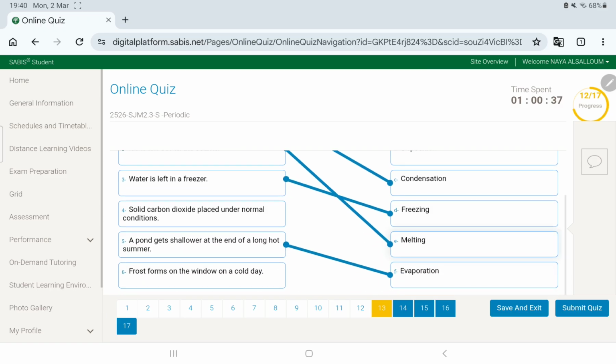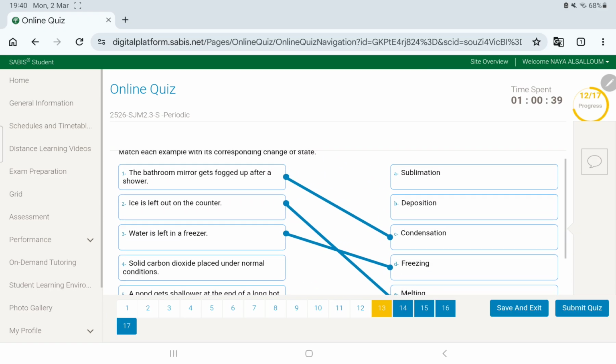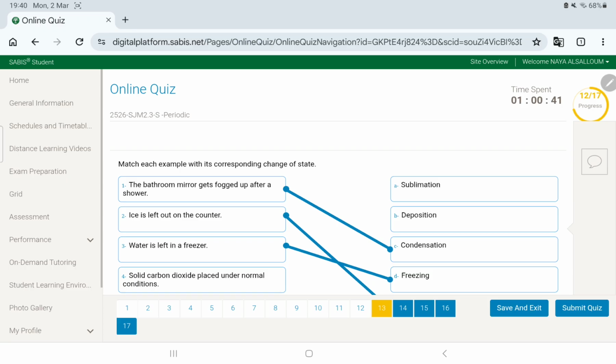Now guys, here the other two are a bit harder, but let's do this one. Solid carbon dioxide placed under normal conditions. Now guys, what is carbon dioxide? Carbon dioxide, I'm just gonna write CO2 actually here. Carbon dioxide is a gas, right?